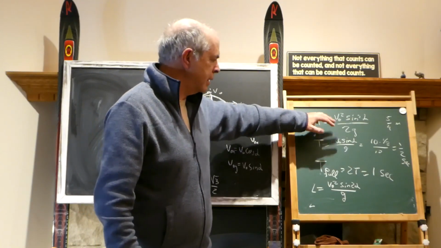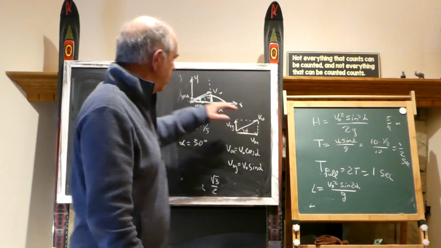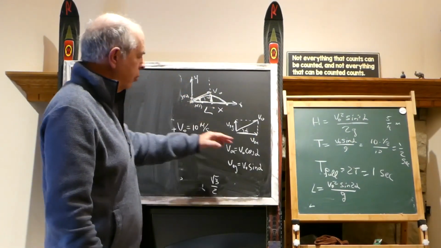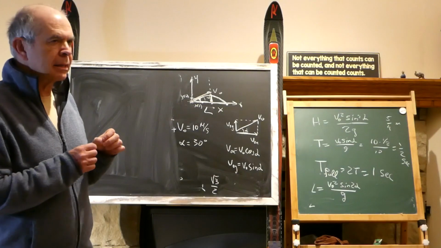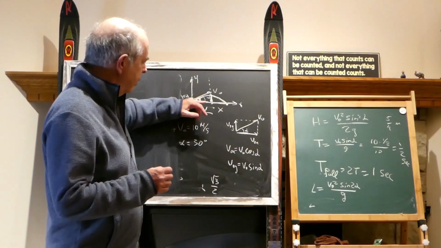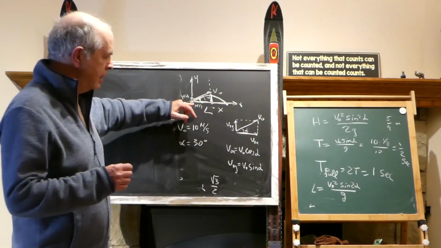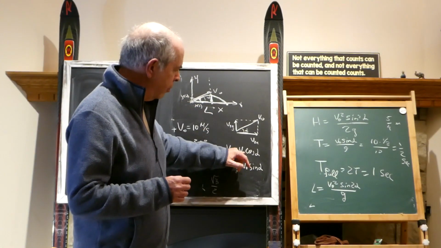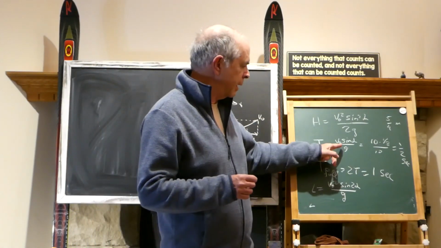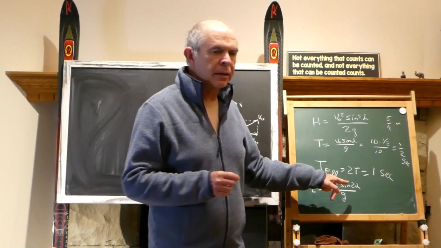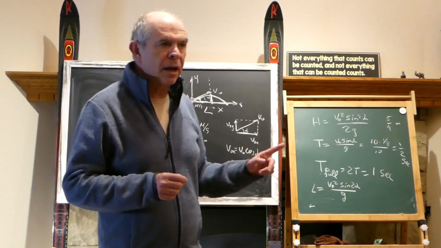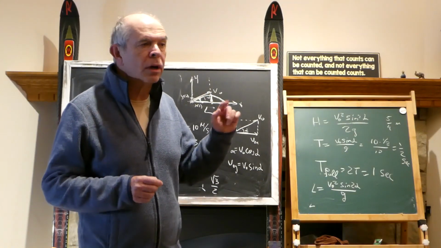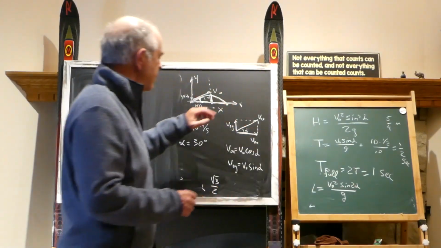So the height was this, the time to reach this point was this, the full time to go up and down was double, and then we realized that during that time the body travels this distance, because it is horizontal v0 cosine alpha multiplied by that time double, and then we introduced the formula of double angle, 2 sine alpha multiplied by cosine alpha equals sine 2 alpha. So this is the formula for the length.